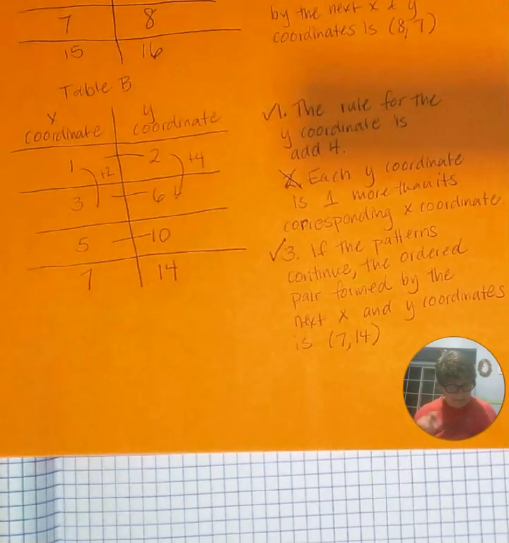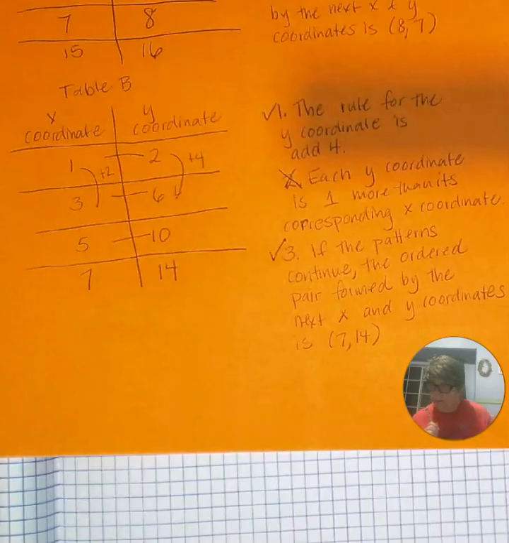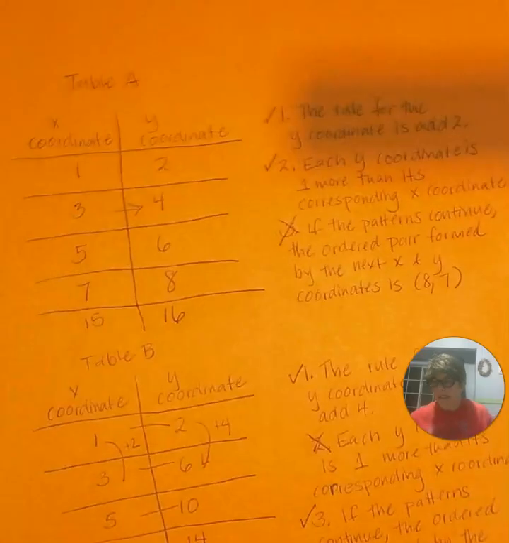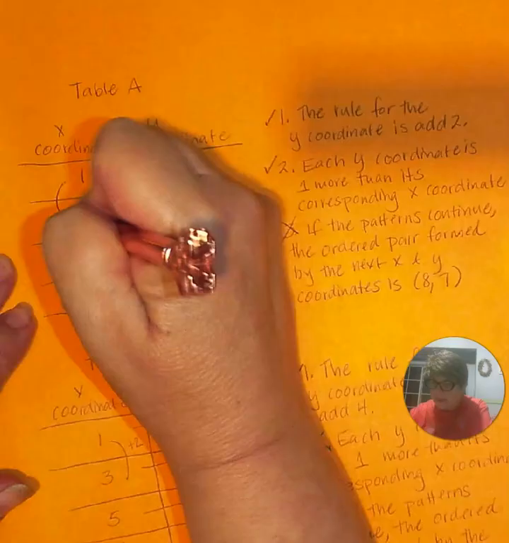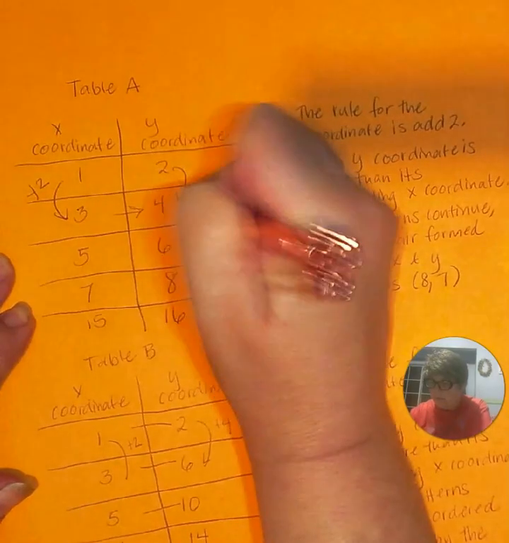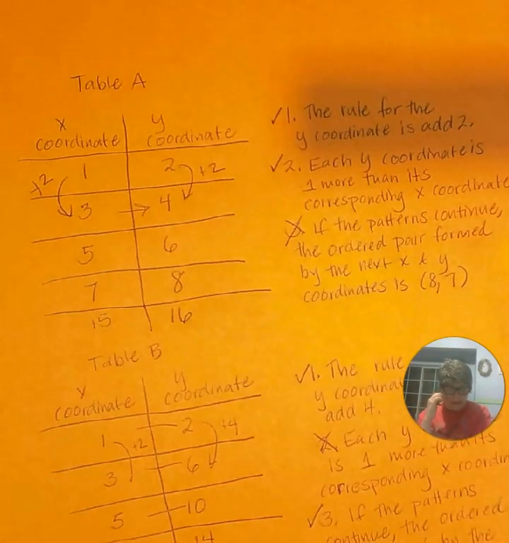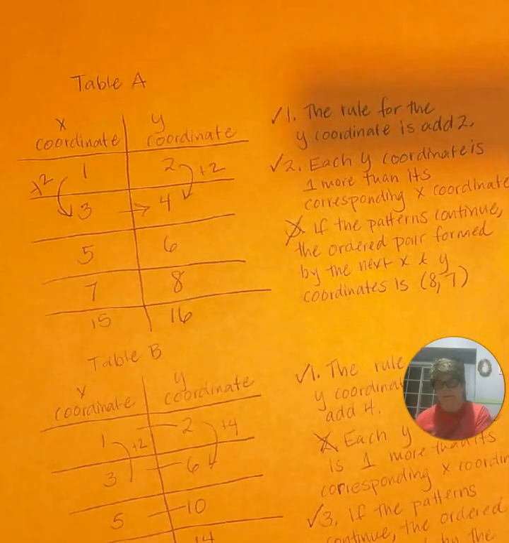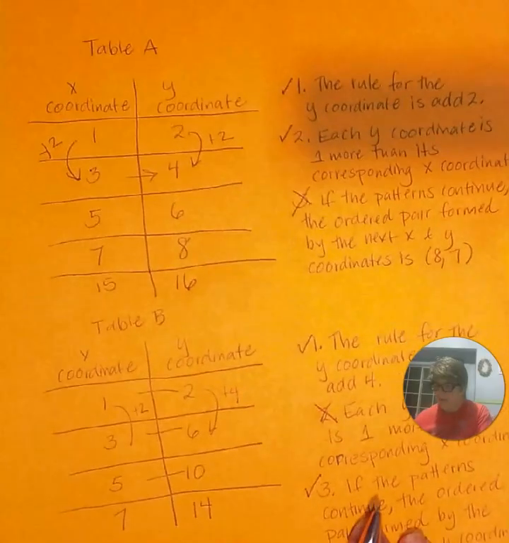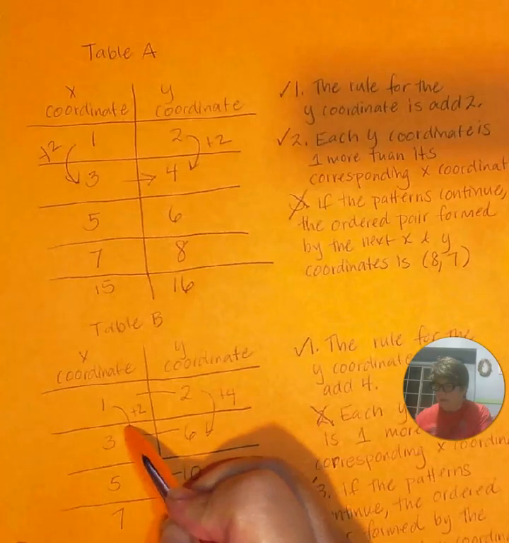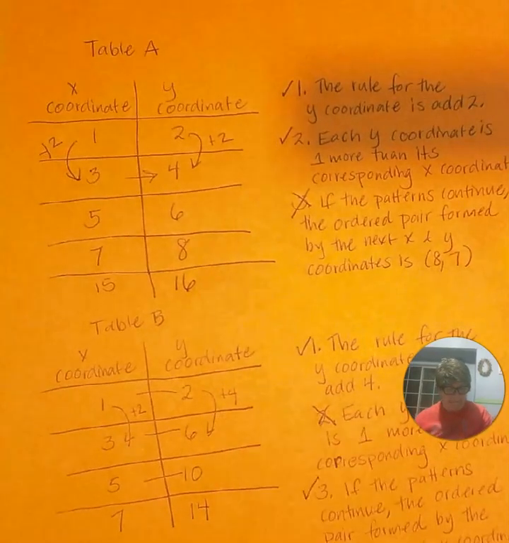Okay? In table A, the rule for both coordinates is add 2. Right? Table A, we had add 2 and add 2. What do you notice about the rules for table B? It's a little bit different, isn't it? So this one is adding 2, but our y is adding 4.